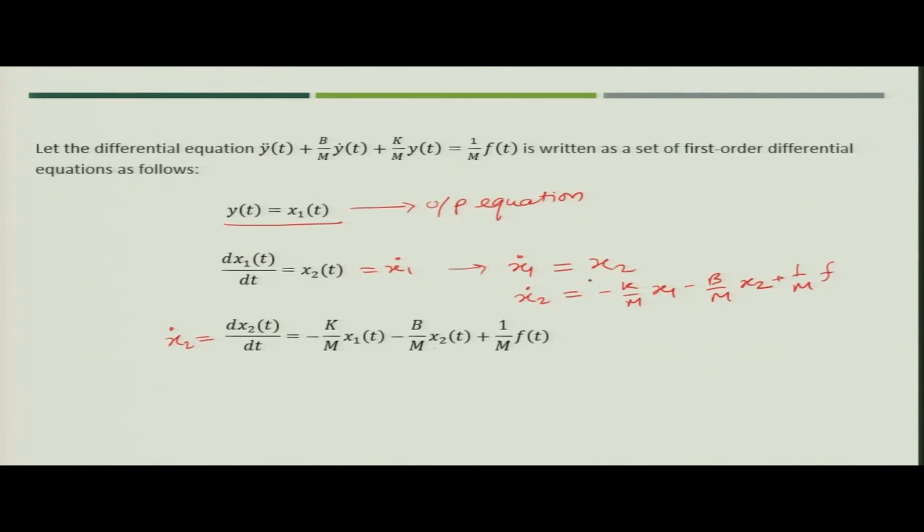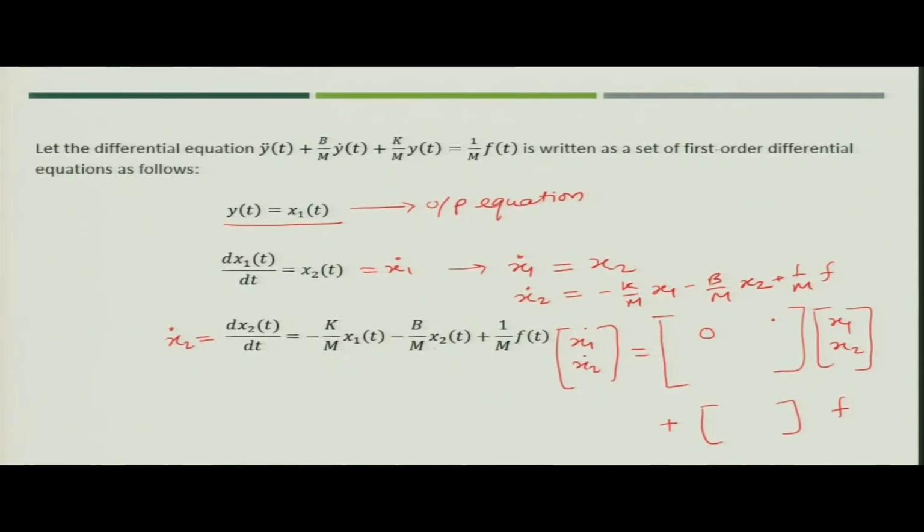So, when you compile this, what you can write? x1 dot, x2 dot is equal to, you get some matrix into x1 x2 plus some matrix into f, that is input. So, now let us compile the elements of the matrix. x1 dot is equal to x2.